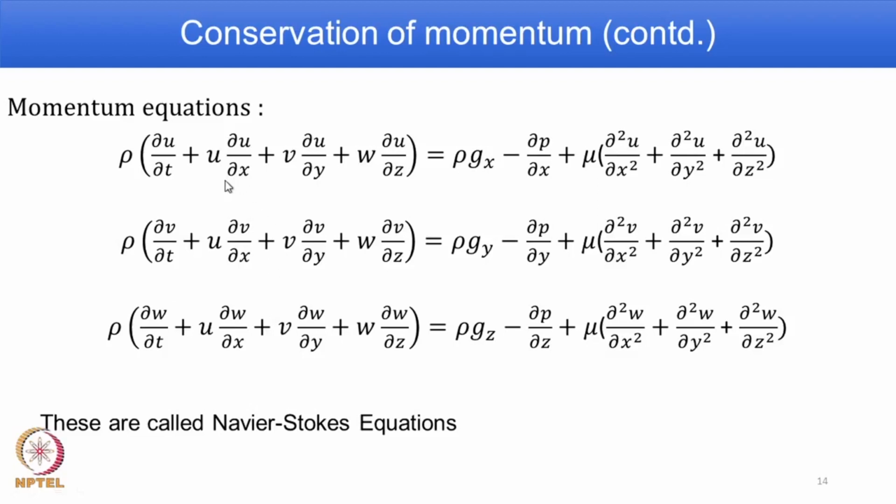And u into dou u by dou x, v into dou u by dou y plus w into dou u by dou z, those three terms in the x momentum equation, similarly three terms in the y momentum equation and three terms in the z momentum equation, are called convective acceleration, and if you put them together, all the four terms will give you the total acceleration.